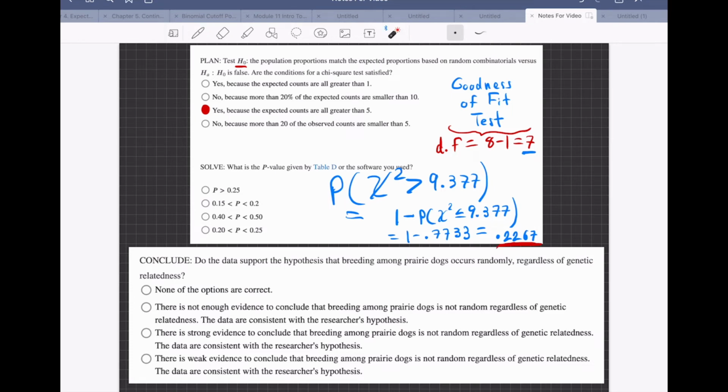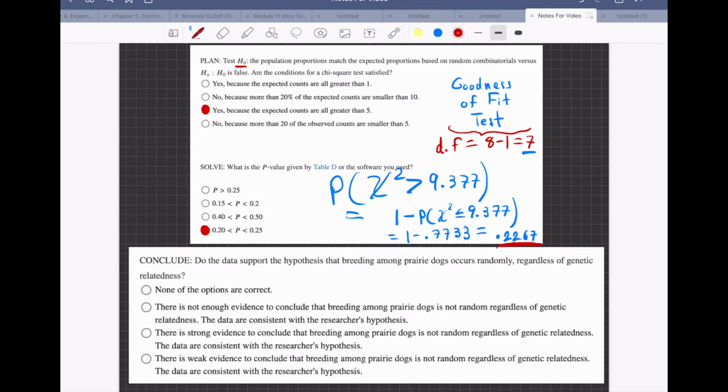So choose the right option. I think our p-value is between 0.20 and 0.25, right? So this is the option. There you have. So, do we reject H null or not? The p-value is 0.22.